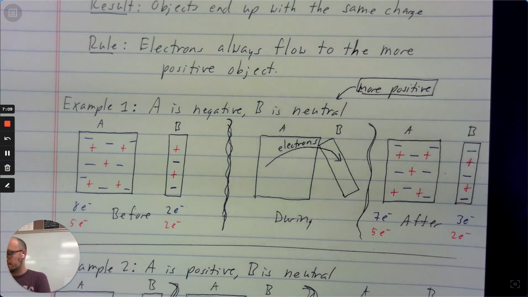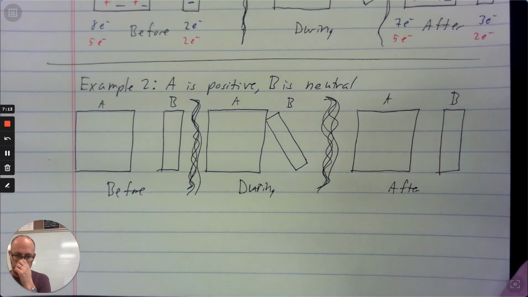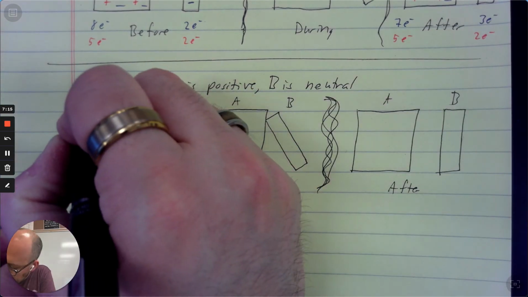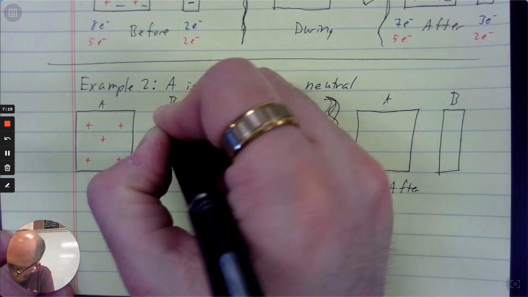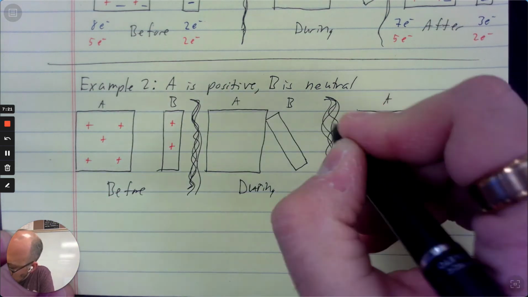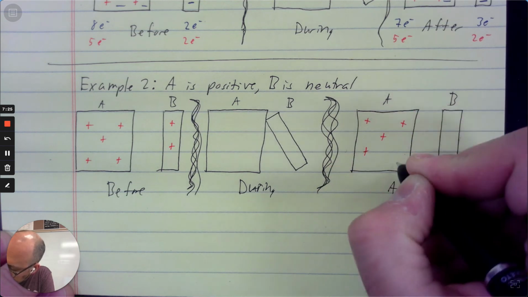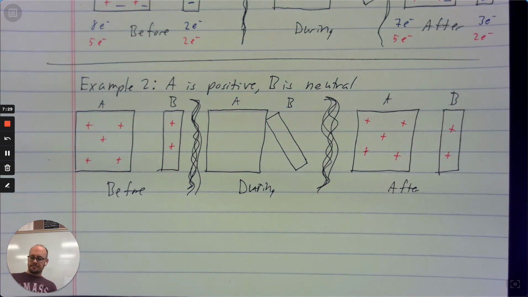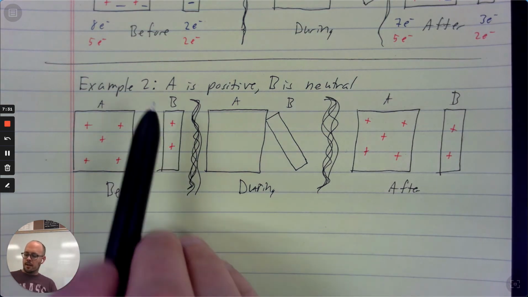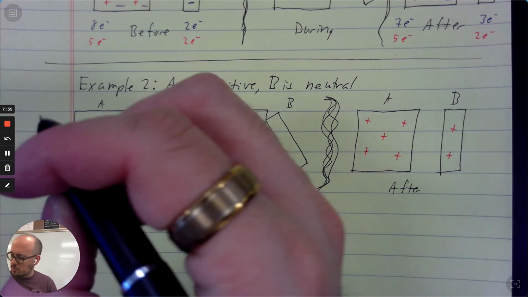Okay, next example. I'll do this one a bit faster so you can just watch and see. We'll start with the same number of positives. So 5 and 2, and because I know what's going to happen, we talked about it, I'm going to keep the 5 and 2 positives there. So now this time A is positive and B is neutral. The B is neutral part is easy.